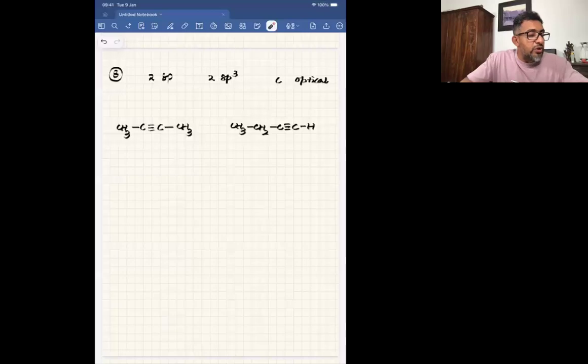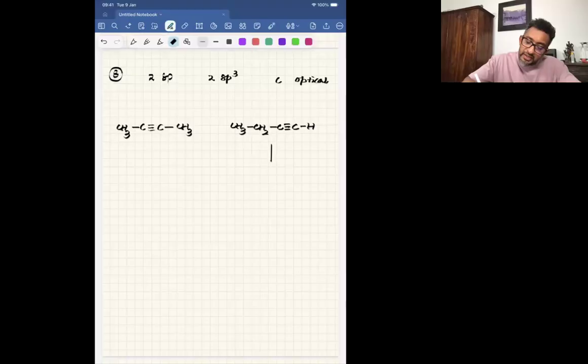A and B are two isomeric hydrocarbons, each containing 2 sp hybridized carbon atoms and 2 sp3 hybridized carbon atoms. When one hydrogen atom in B is replaced with a chlorine atom, it gives a compound C. Look at this one: if you replace this carbon's hydrogen, you get an optically active compound.